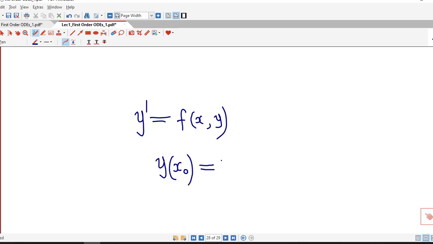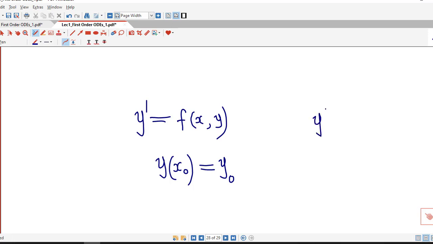So sometimes we will be given some condition together with the differential equation. Suppose we have first order differential equation in this form and we are given some condition that value of y at point x0 is say y0.